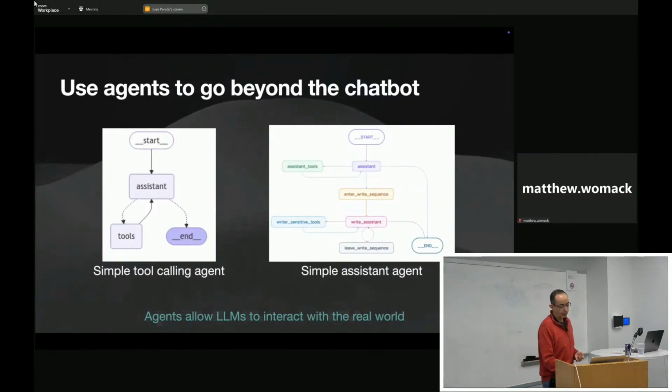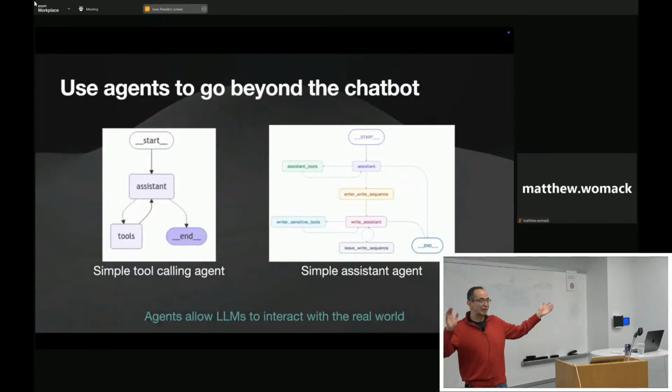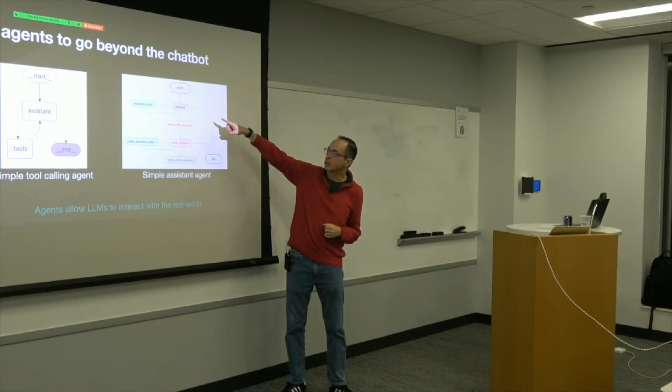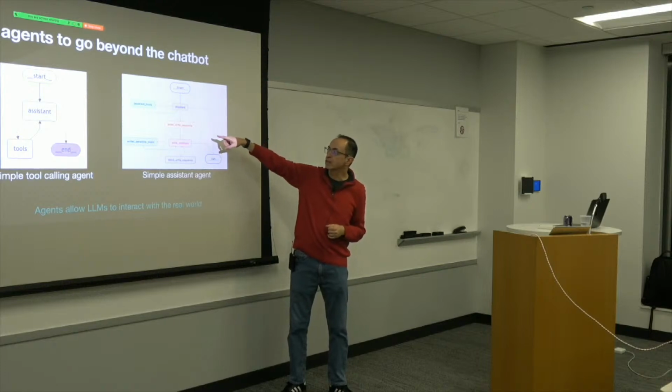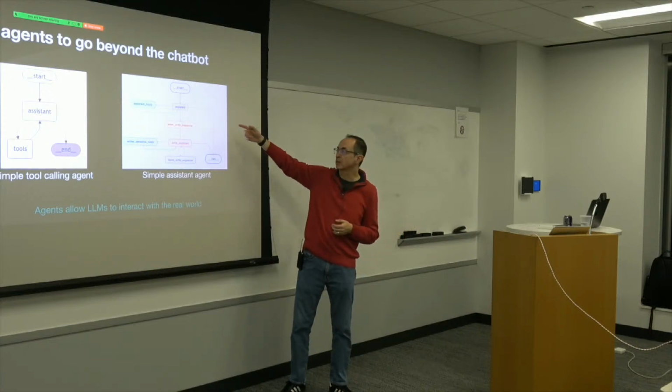Here on the left, we have a simple assistant. Basically, you give a request to your assistant, the assistant uses some tools, which could be, once again, summarization, for example.